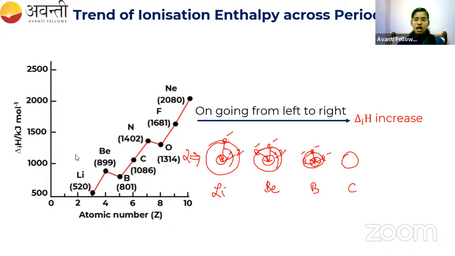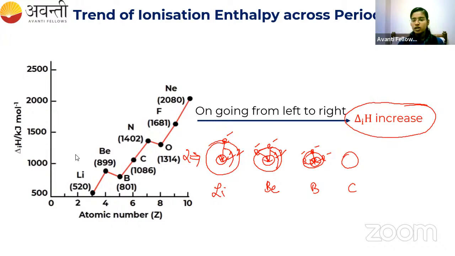It means attraction is more. So I have to give more energy to remove an electron which is smaller in size. That's why across the period the ionization energy increases, since electrons are added into the same shell, which leads to more attraction. Shall I go for the next?